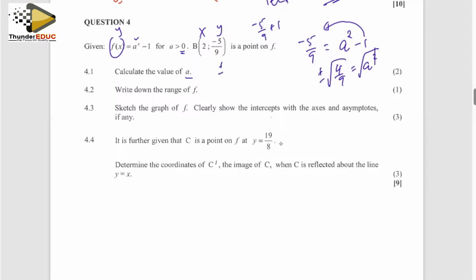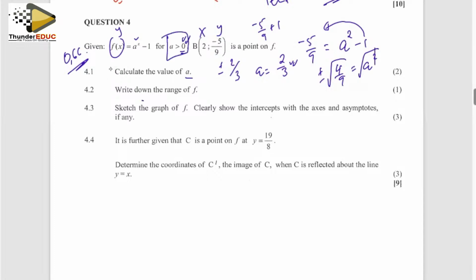So that's going to be plus minus 2 over 3. But then they told us that a is greater than 0, which means a is going to be 2 over 3. The answer is 0.66 something. We prefer it in this fraction format. That 0.66 is greater than 0. In other words, it's a positive answer. That's the meaning of this part.